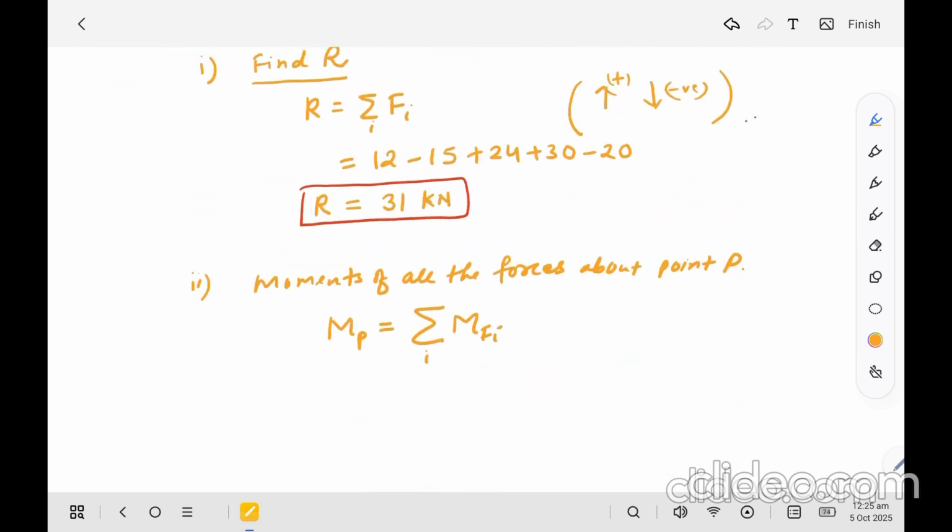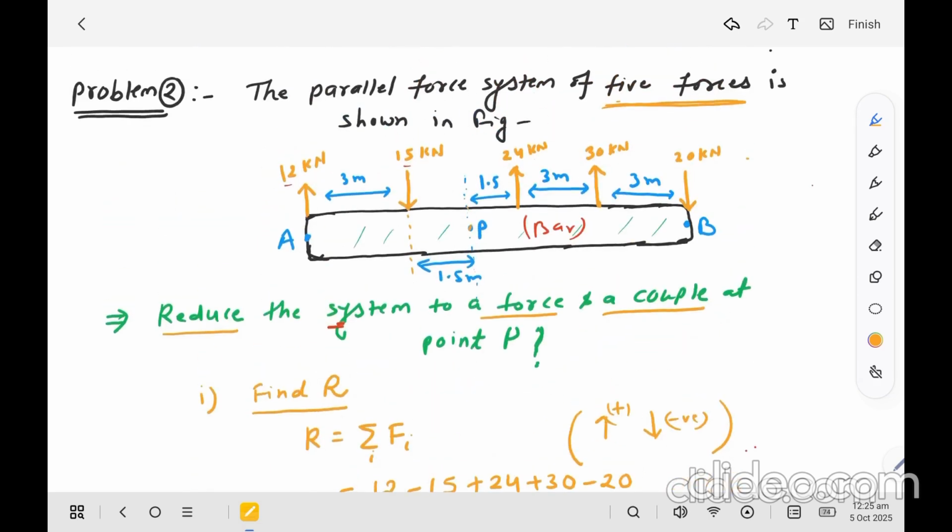And also in this case we have to use, now let's find the sign convention. So now point P is here. Okay, so this force has tendency to rotate the body in this direction, so 12 kilonewton, okay, in clockwise. Moment of this force will be in the clockwise direction. This force has tendency to rotate the body in this direction.